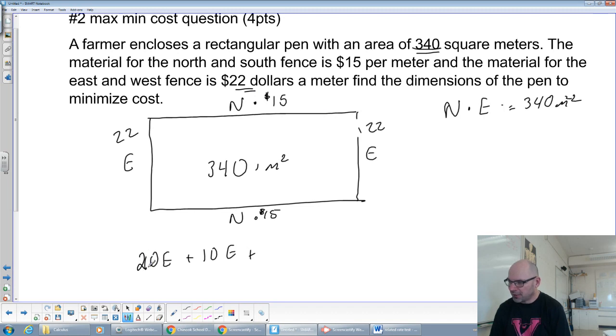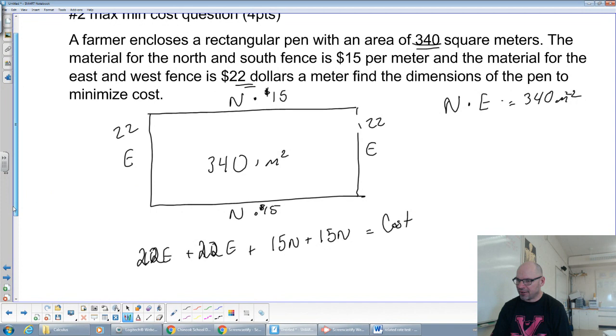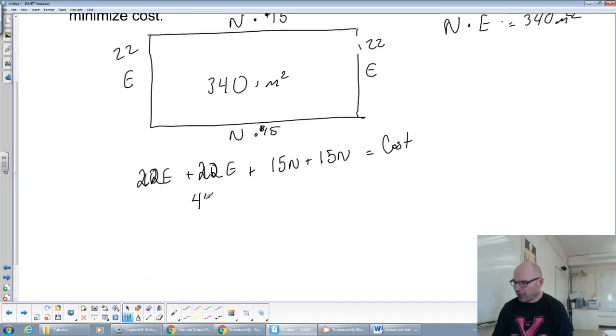So 22E plus 22E plus 15N plus 15N equals the cost. If we simplify that down, we've got 44 east-west plus 30 north-south equaling the cost.